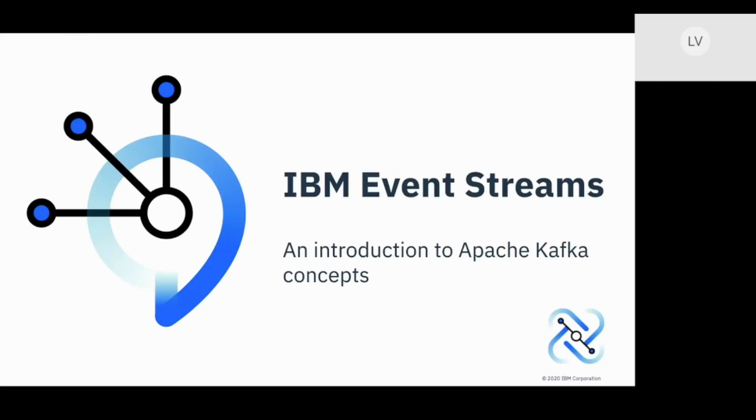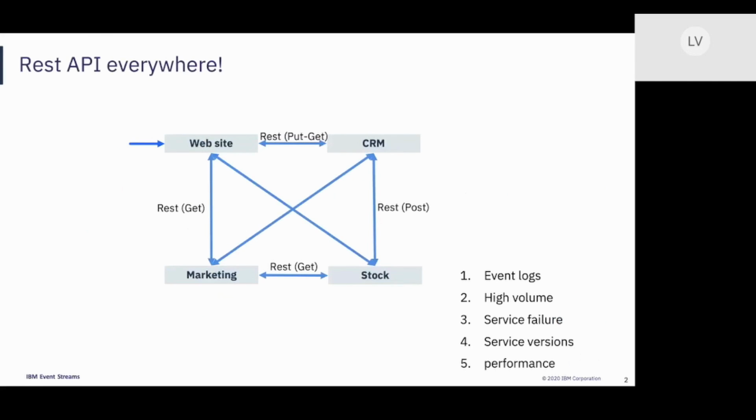Let's imagine that you have this kind of architecture: a website, a CRM solution to manage customer information, a stock solution, or this could be a supply chain solution, to know where your products are and how long it takes to deliver them to your customer, and a marketing solution if you want to propose some discounts to your end users.